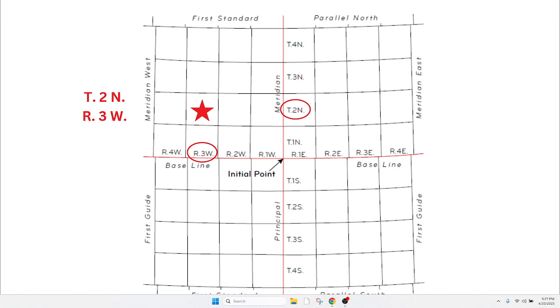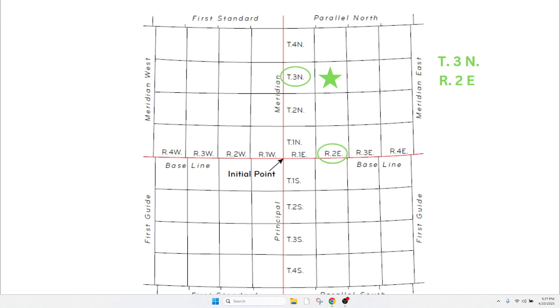We identify this 6 mile by 6 mile township as Township 2 North, range 3 West. Now let's identify the township with the green star. It is Township 3 North because it's in the third row north of the initial point, and range 2 East because it's in the second column east of the initial point. So we identify it as Township 3 North, range 2 East.